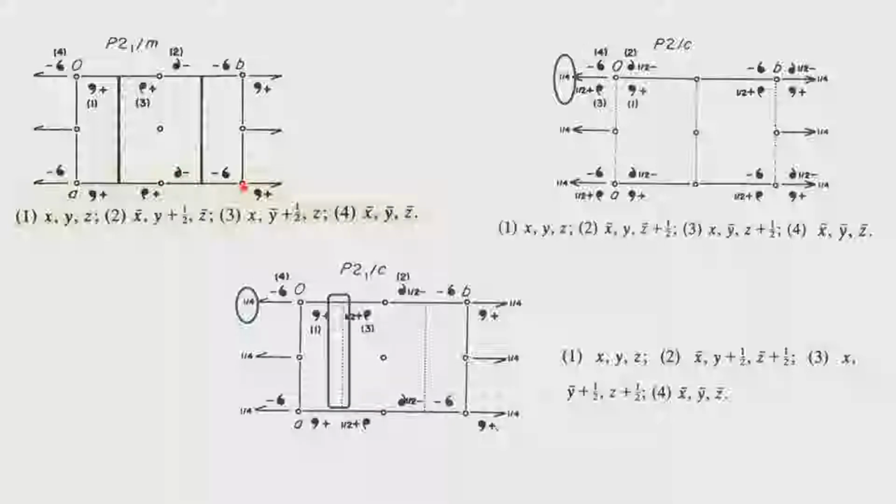Notice that since there is only one axis of rotation in a monoclinic system, we should remember that the symmetry operations are restricted to around the y axis, which is the unique axis. So, we do not have any other symmetry elements which will come in a monoclinic system. So, there is only one unique axis about which the symmetry operations take place.